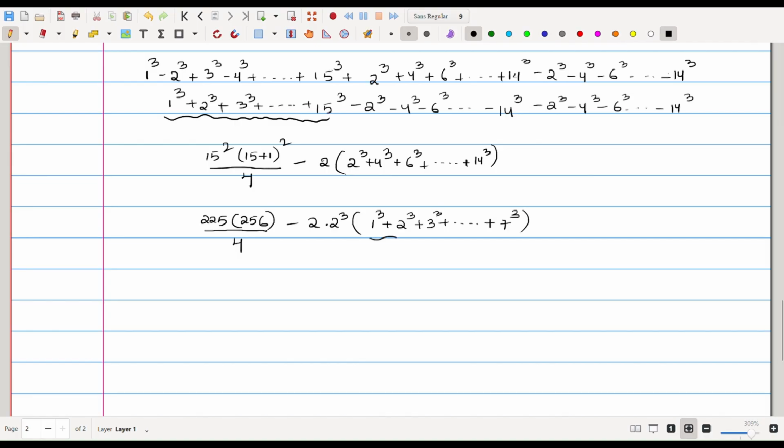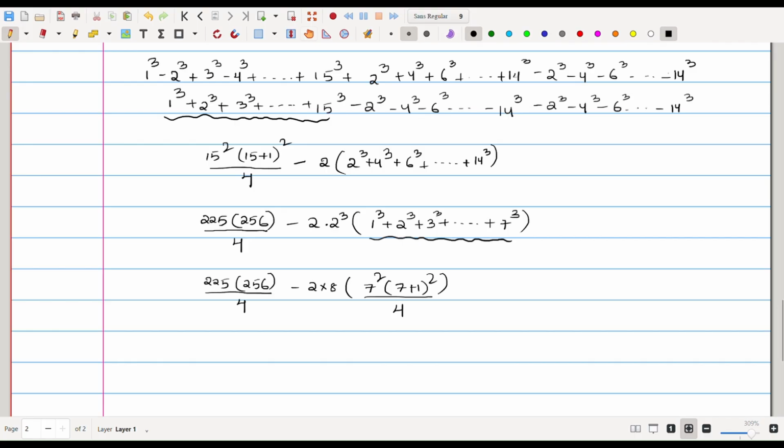Here again we can use that identity. The value of n is 7. So this is 225 into 256 by 4, minus 2 into 2 cube, which is 8, so 2 into 8, into, applying the identity again, 7 square into 7 plus 1 whole square by 4.